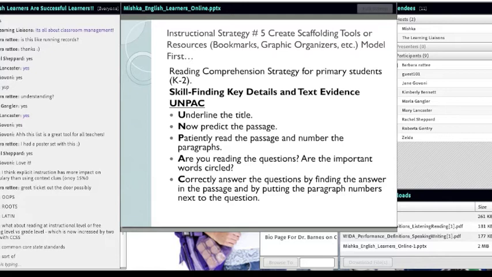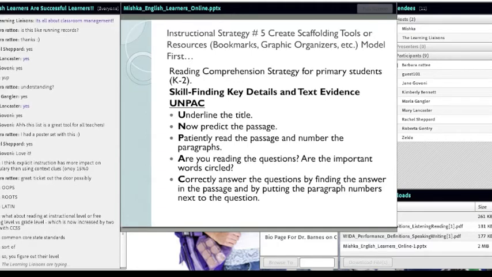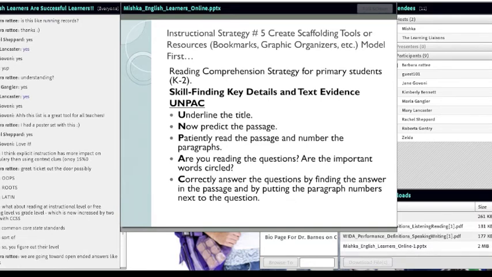Okay, sort of. Yes, you figure out their reading level by doing an assessment. The assessment I have in the school district that I work with is the DRA2.